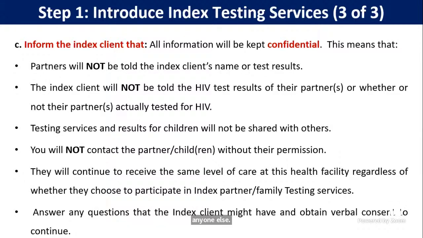Similarly, your partner's result will also not be shared with you. Even for the children, their results will not be shared with you until they are ready to share. And we are not going to contact your partner or children without your permission.